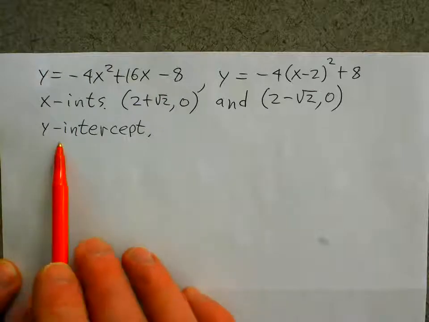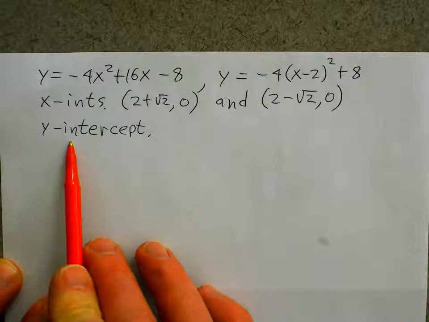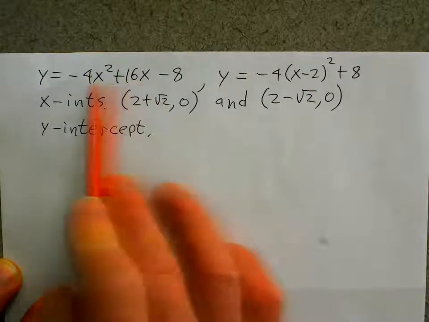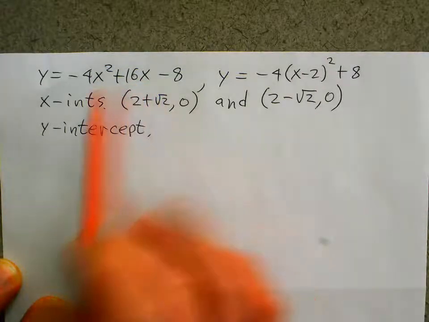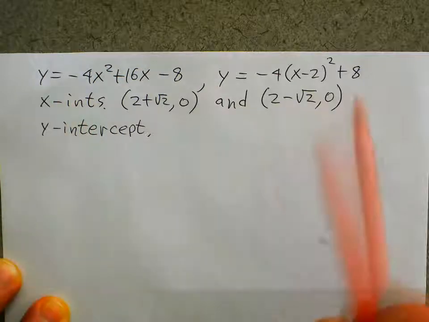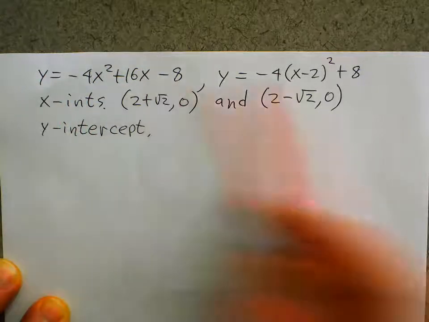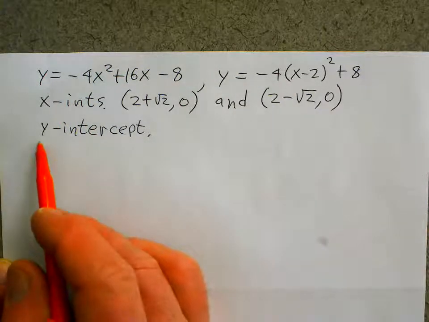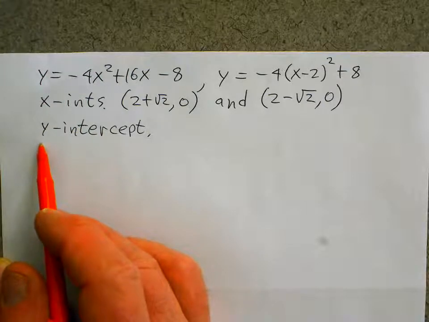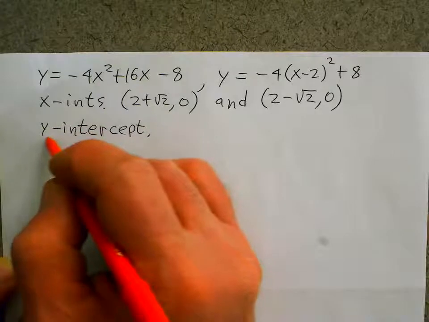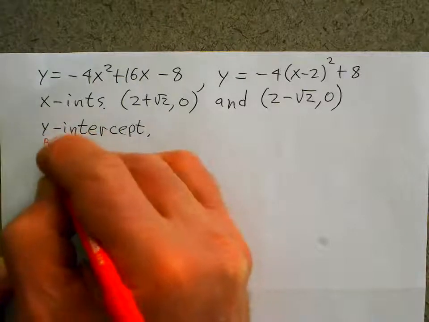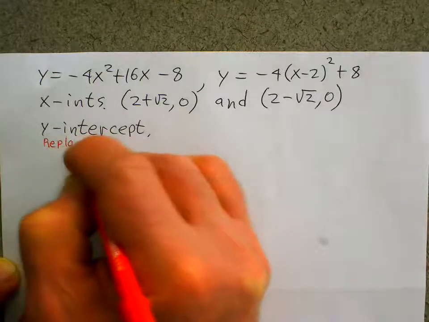Yeah, the procedure for finding the y-intercept is replace x with 0 and then do the arithmetic, and we get y equals negative 8. So why do we use that procedure for finding the y-intercept? For finding the y-intercept, this time we replace x with 0.